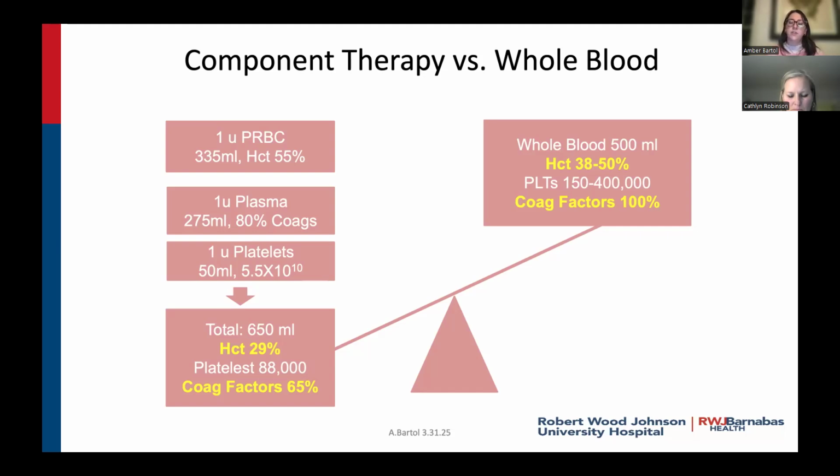Sometimes if you're trying to transfuse a small pediatric patient, that is too much volume for them to get in that rapid sense. So the cost versus benefit there is: is it beneficial to use this whole blood that has these great factors on this pediatric patient and maybe waste some of it, or do we give them component therapy and then save this product for someone who can use the whole bag?